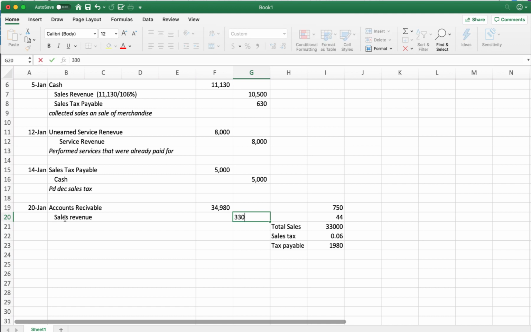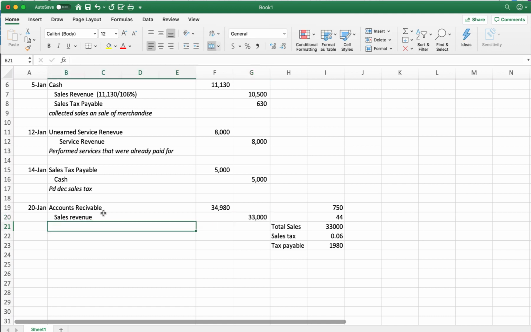for $33,000. I'm going to credit sales tax payable. This is a credit, so I need to indent. Sales tax payable, 1980. And that's the journal entry, okay?